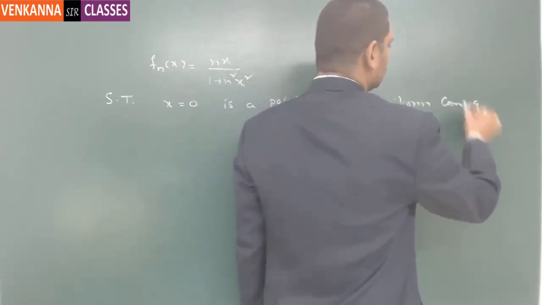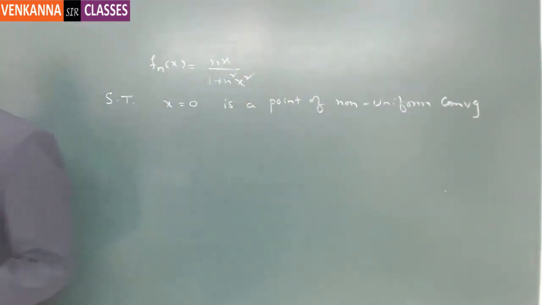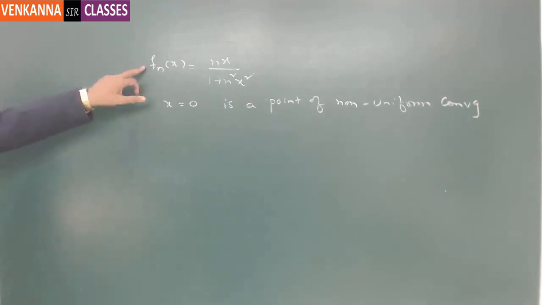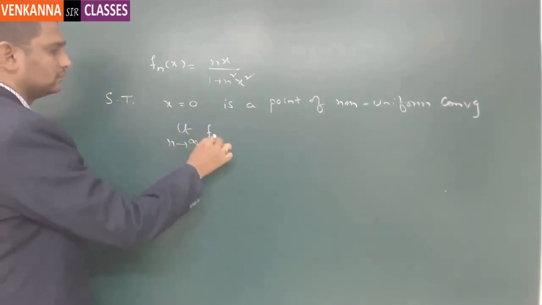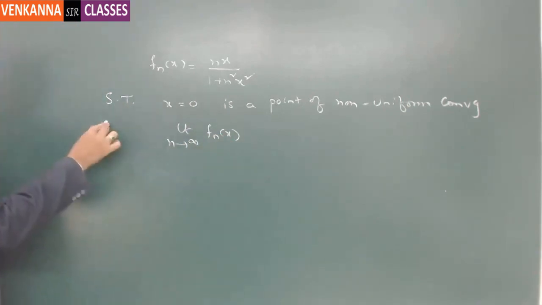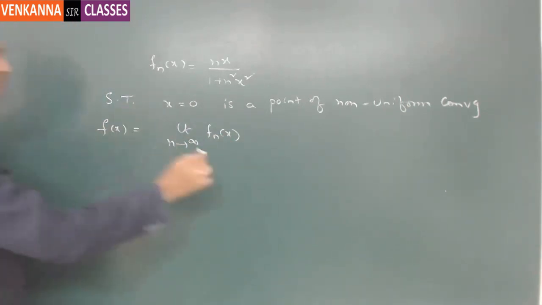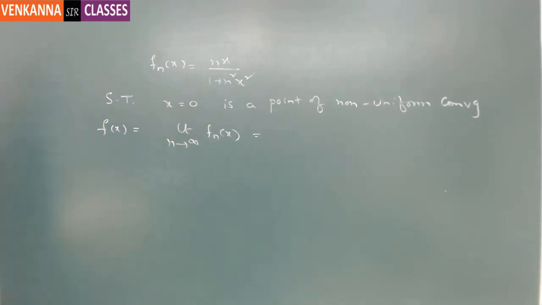Show that x equal to 0 is a point of non-uniform convergence. Okay, please take a note of it. Now I request you to calculate limit n tends to infinity fn of x. So this is nothing but f of x I am calculating. So give me the value here, what it will be if I apply the limit.